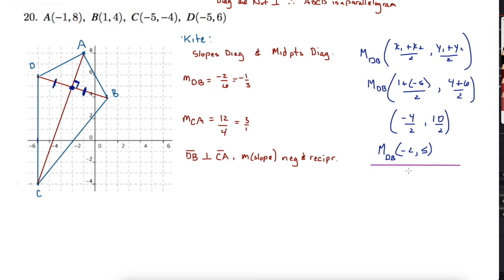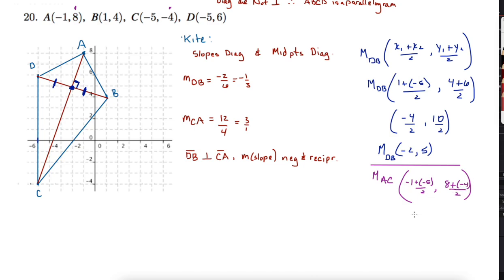Let's find now the midpoint of AC. We're hoping it's not the same one in this case, because if it is, then we've just proven rhombus. So AC, negative 1 and negative 5 are my x's. Negative 1 plus negative 5, divided by 2, and now we do our y's. A is 8 and C is negative 4, so 8 plus negative 4.